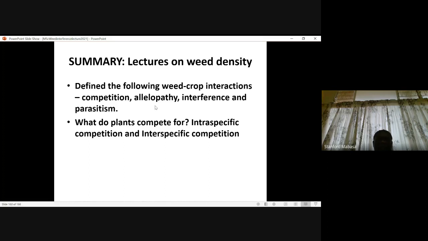We started by defining weed crop interactions. For example, competition. We tried to understand what it is, allelopathy, then interference, which we said was a combination of competition and allelopathy.